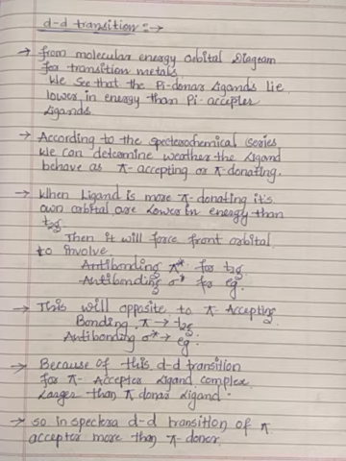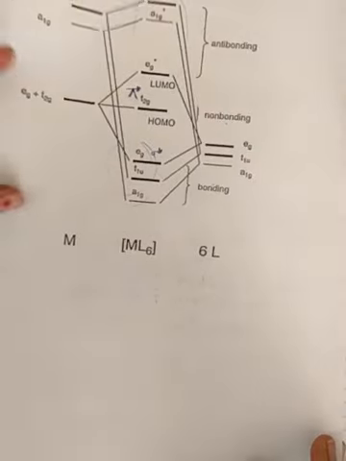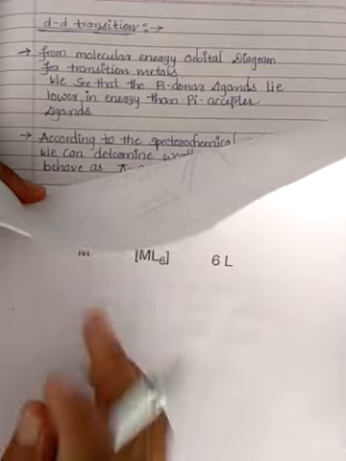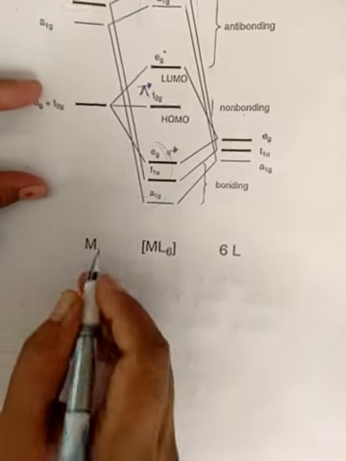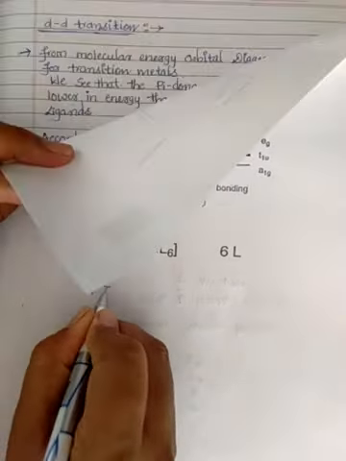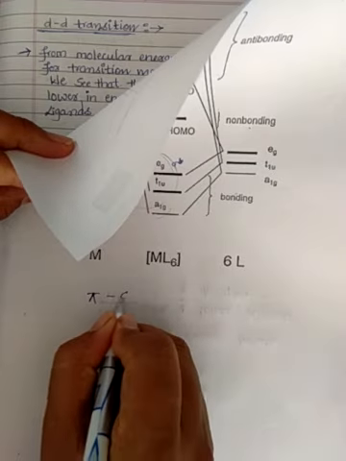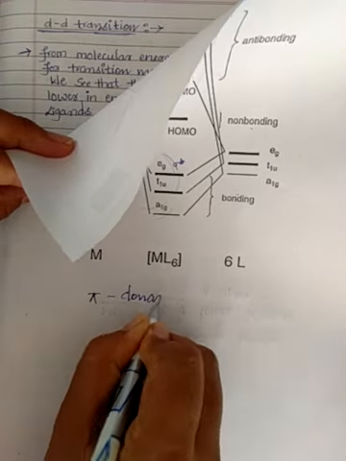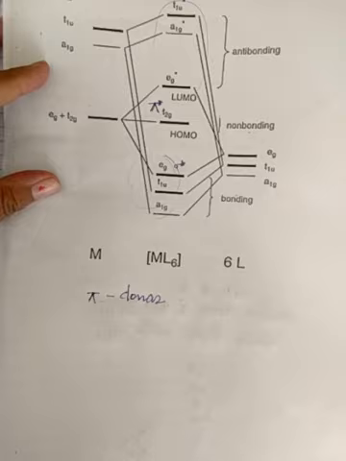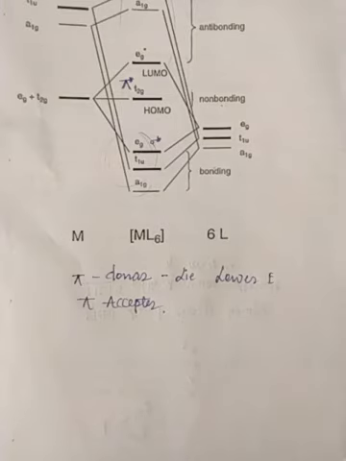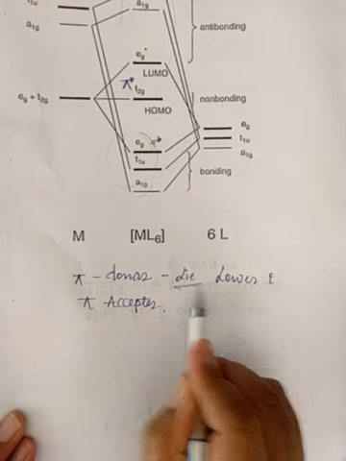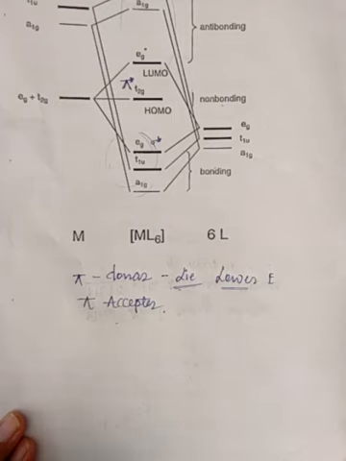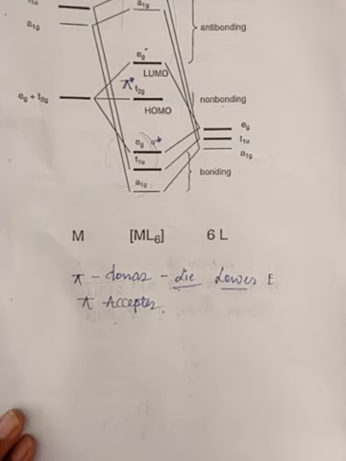One is pi acceptor, another one is pi donor. So from the molecular orbital energy diagrams, the pi donor ligands lie lower in energy than pi acceptor ligands. This is the first point.